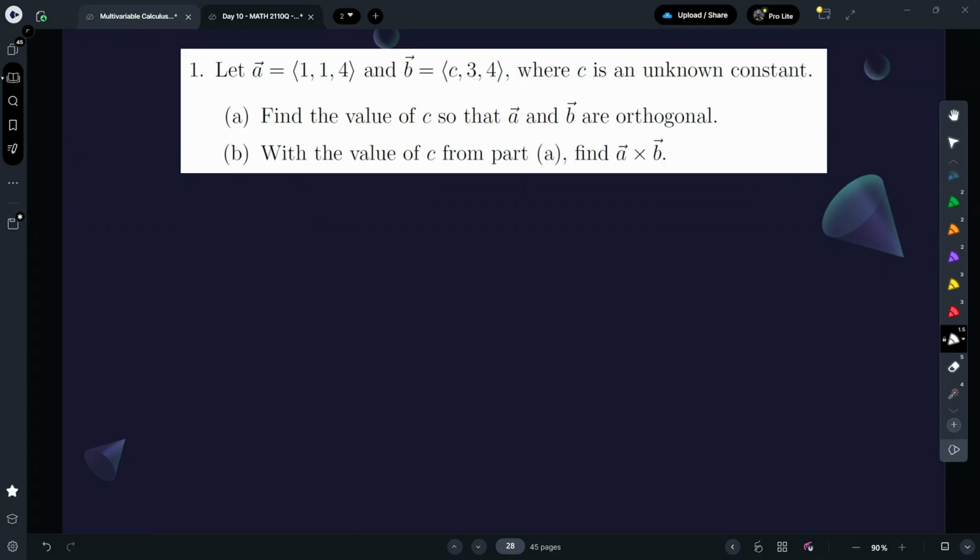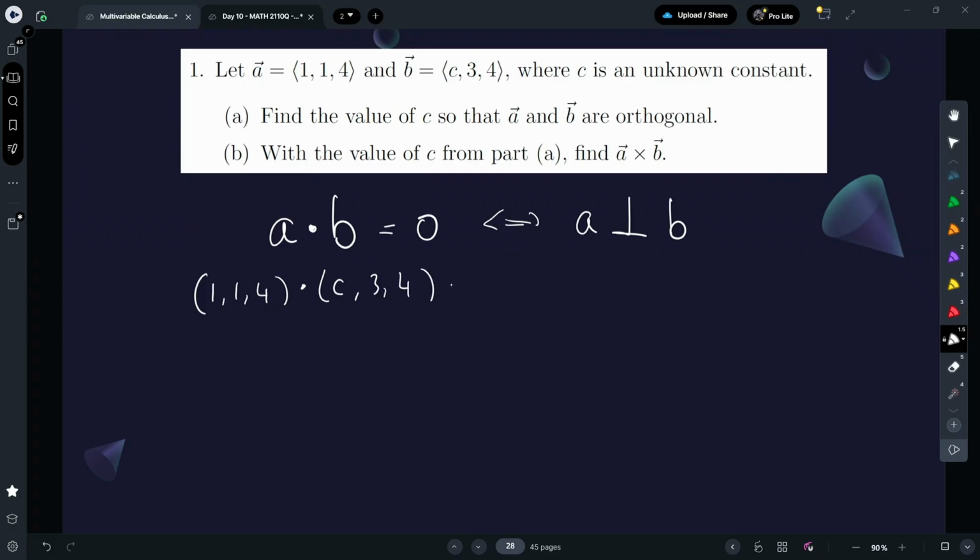So for part 1, when we are looking for vectors that are orthogonal, the easiest way is using the dot product. A and B will have 0 dot product if and only if A and B are orthogonal. So I can just do the dot product of the two vectors, 1, 1, 4 and C, 3, 4.